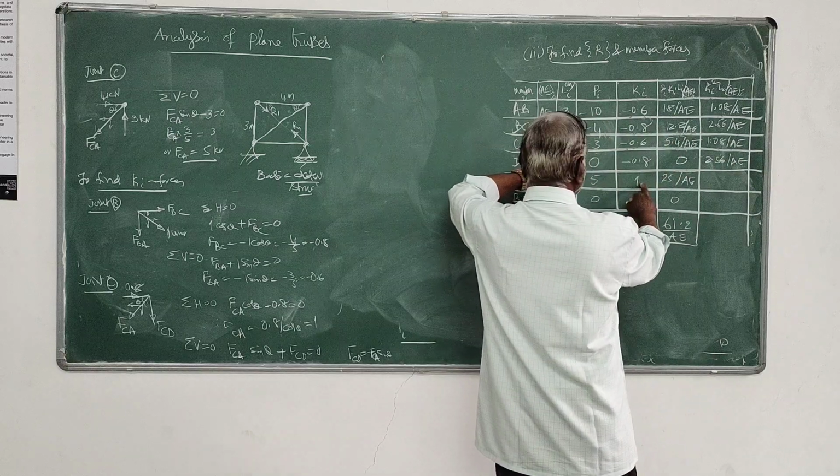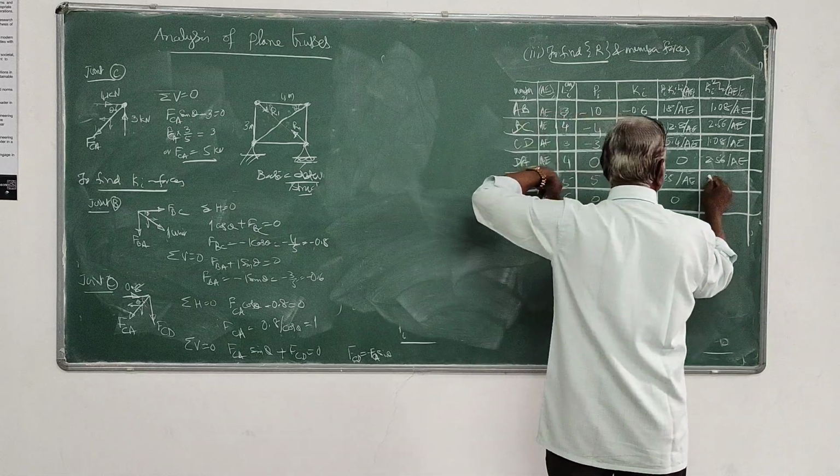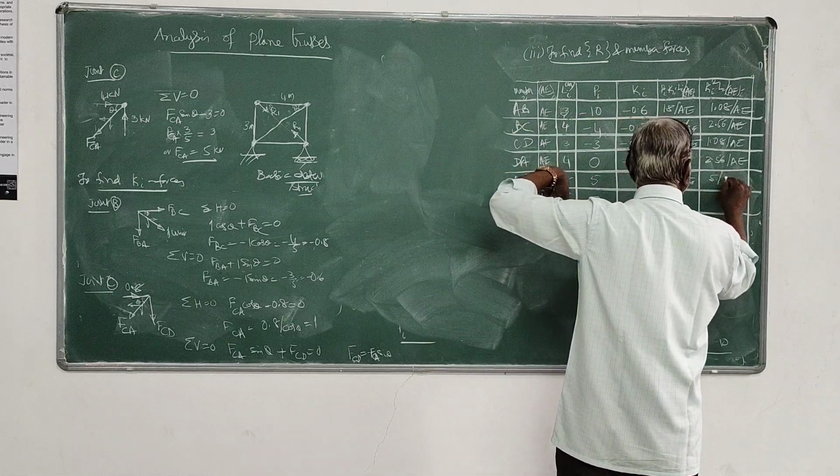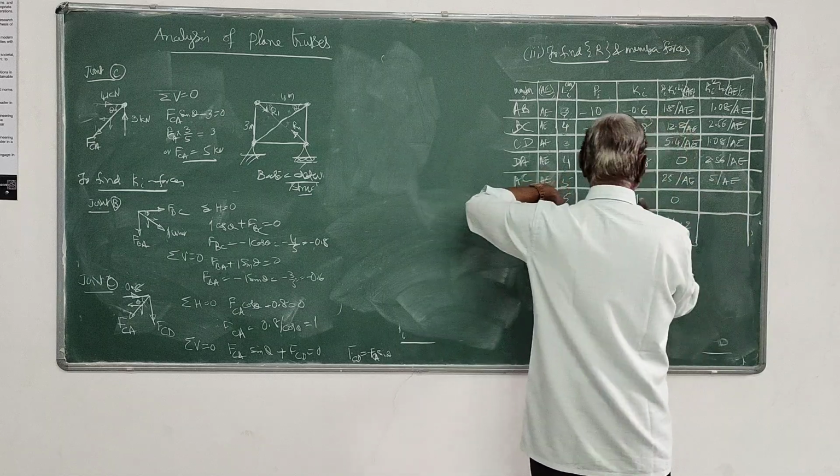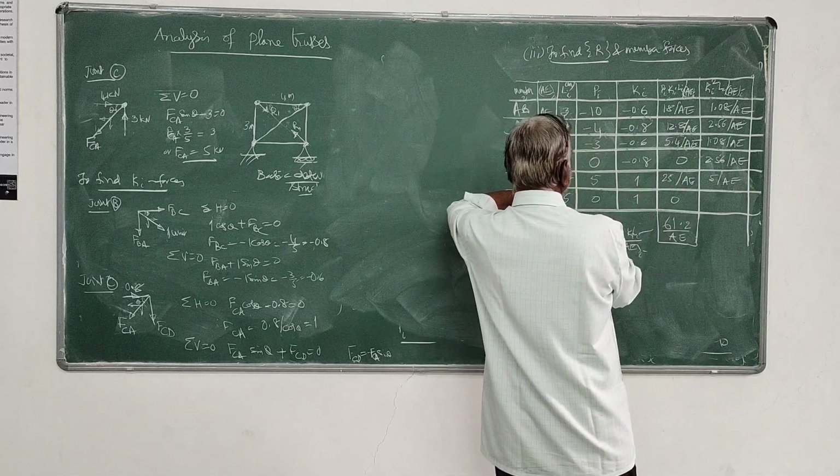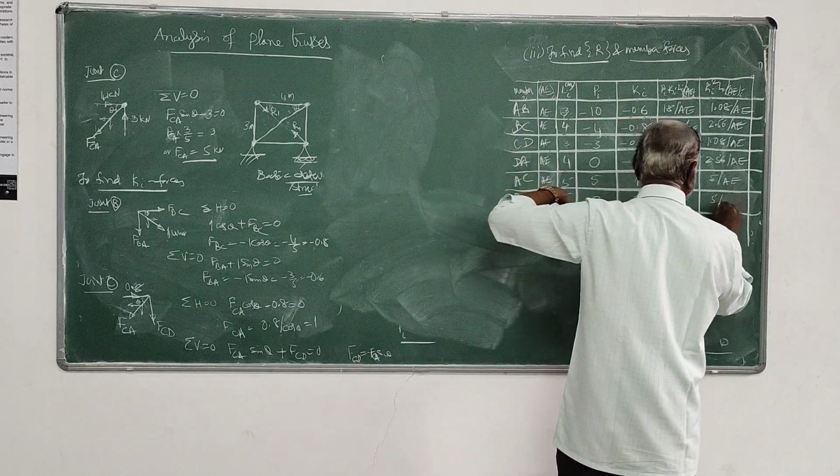Here it is 1 into 5, 5 divided by Ji. Here also 1 square 1 into 5, 5 divided by Ji.